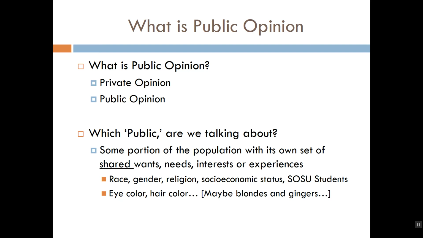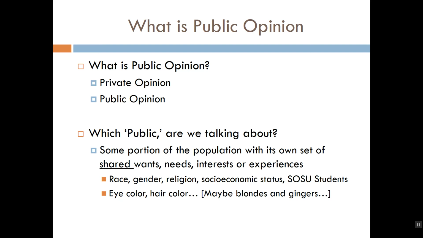So, for example, we can divide the general population into several distinct publics based on their racial background, because race systematically shapes the types of experiences individuals have in life, and therefore race groups tend to have systematically distinct views about the world.